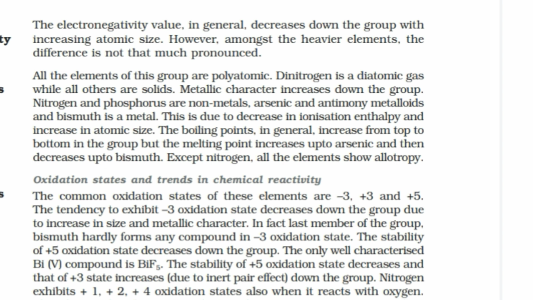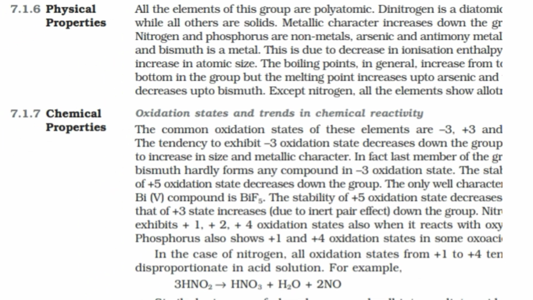This is due to decrease in ionization enthalpy and increase in atomic size. The boiling points in general increase from top to bottom in the group, but melting point increases up to arsenic and then decreases up to bismuth. Except nitrogen, all the elements show allotropy.